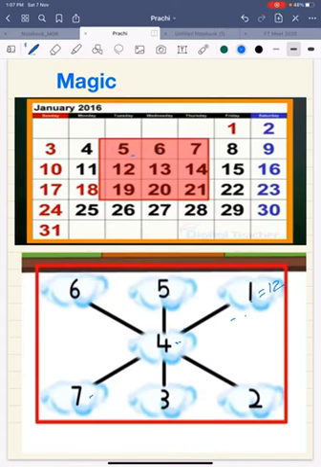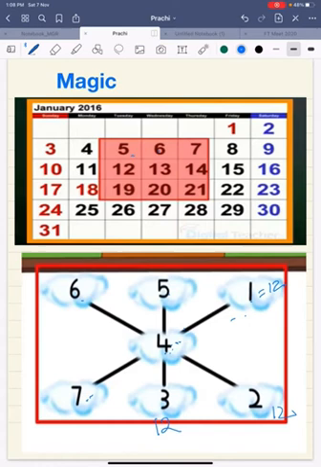If you add 5 plus 4, 5 plus 4 is 9 and plus 3 is again 12. So whenever you are adding these numbers in a line, you will get the same answer. 6 plus 4 is 10 and 4 plus 2 is 12. So the sum of these three numbers is also 12.